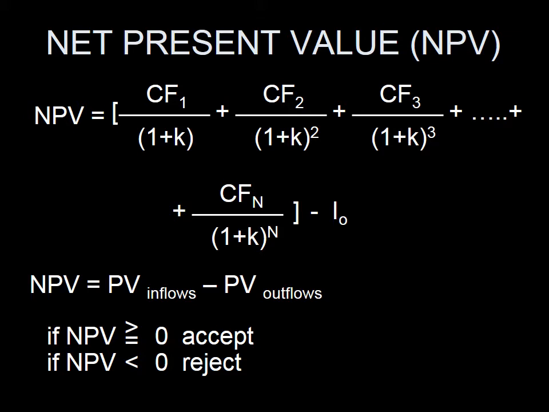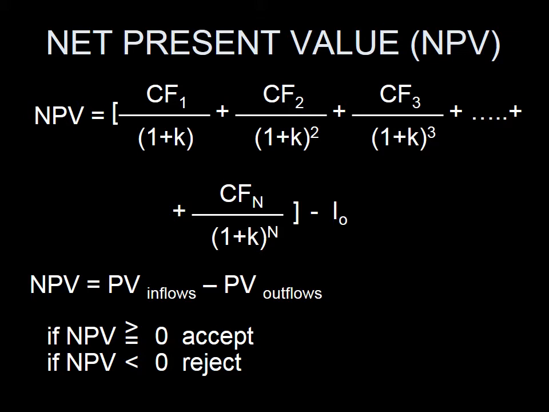So if we take each of the cash flows, each of the benefits, all the way up to year end, with year end being the end of the life of the project, so however long the life of the project is, and we sum up the present value of the cash flows of the project, and then subtract the initial investment, that's investment at time period 0, the initial investment.